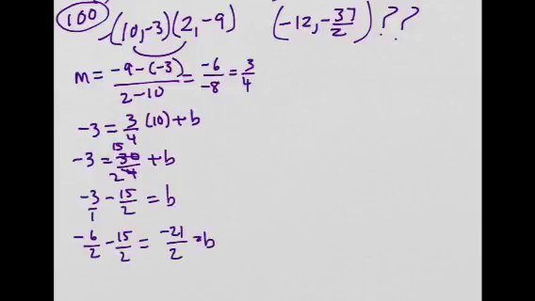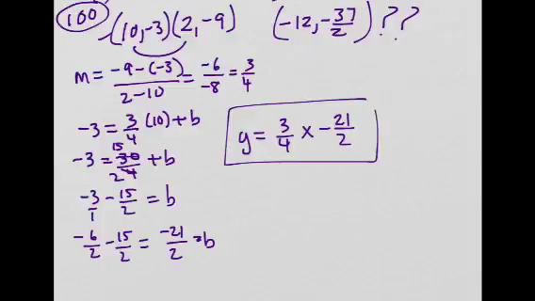Okay, so the equation for this line is y equals 3/4 x minus 21 halves. So does this point lie on this line? How do we find out? We substitute the numbers. I know that x is negative 12, so I'm going to see what y equals when x is negative 12.